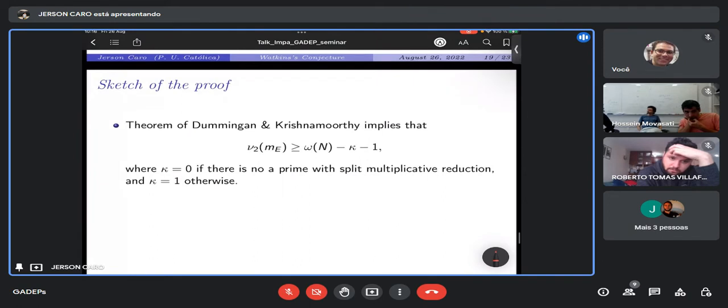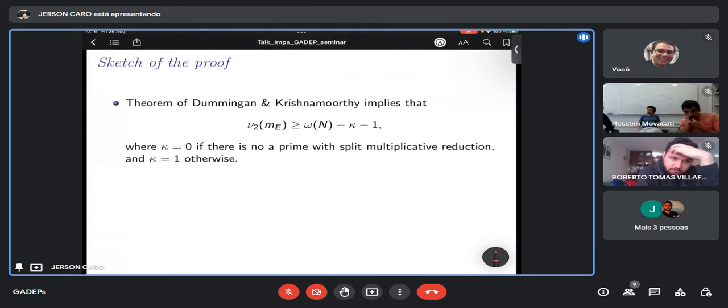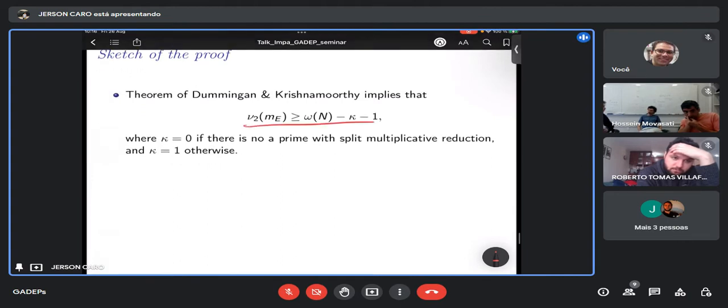And I want to give you the idea of the proof, and it's as follows. More or less, the theorem of Dunningham and Krishnamurthy, the same theorem that I stated before, says that the two-adic valuation of the modular degree is bigger than omega of N minus kappa minus 1.